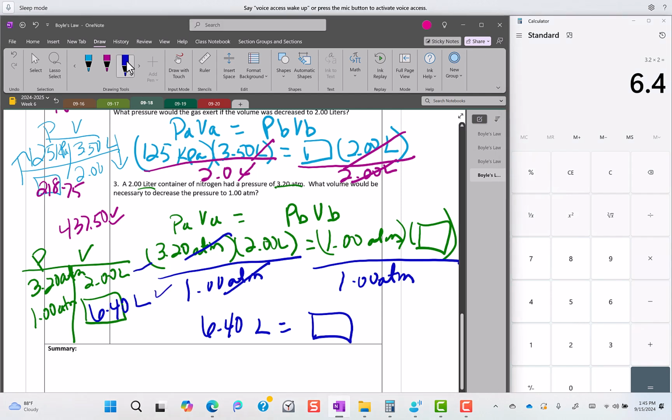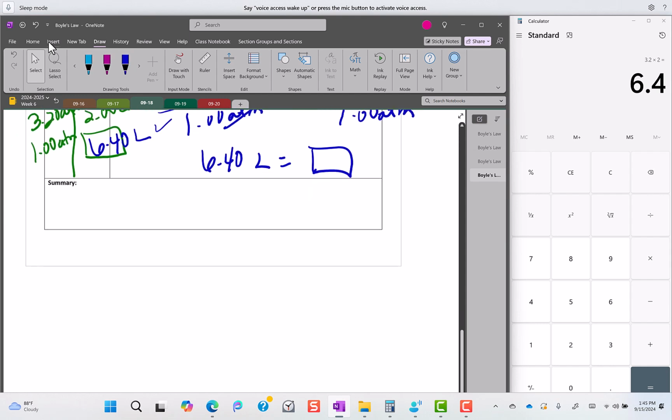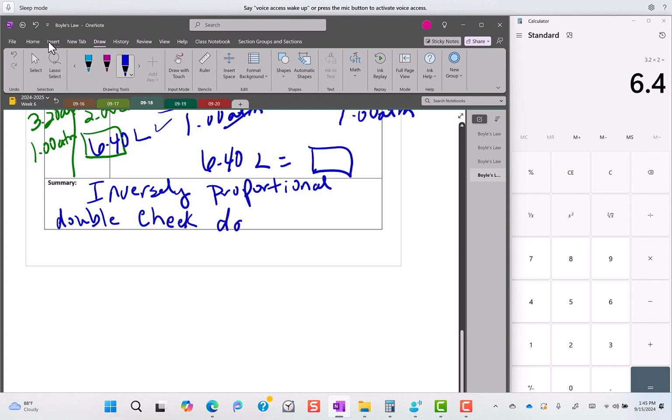All right, so this is inversely proportional. We are always going to double check. That's PA, VA equals PB, VB.